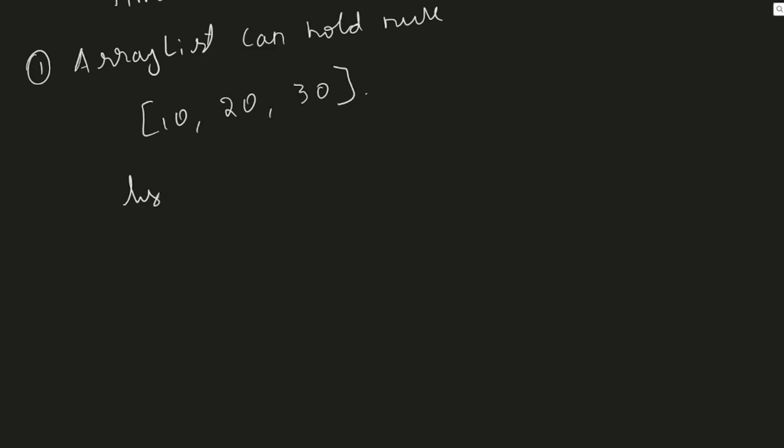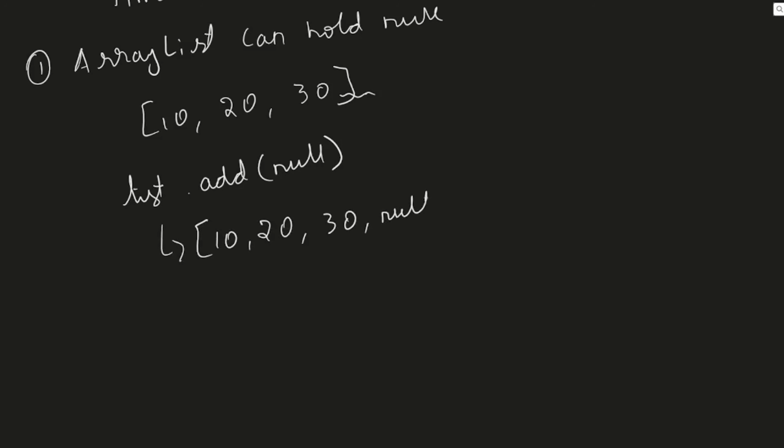We can add a null value in the next index. After this line, list becomes 10, 20, 30 and null. Even multiple nulls can also be inserted into the array list.